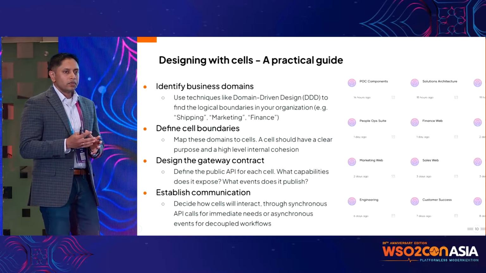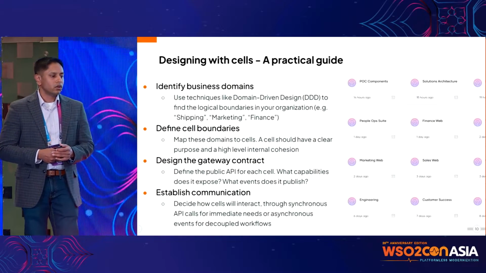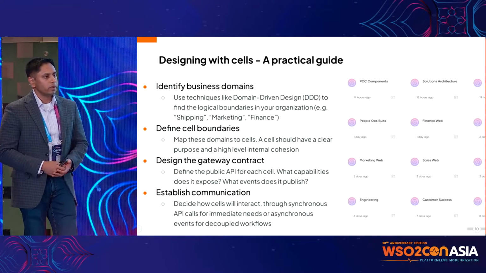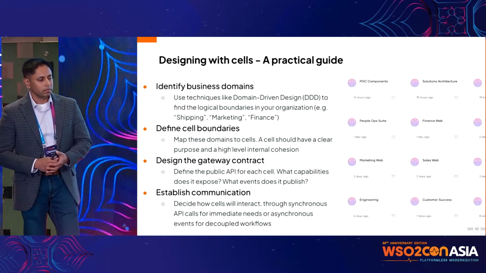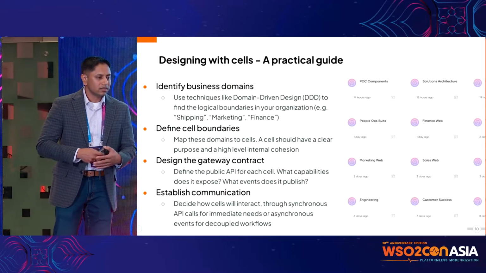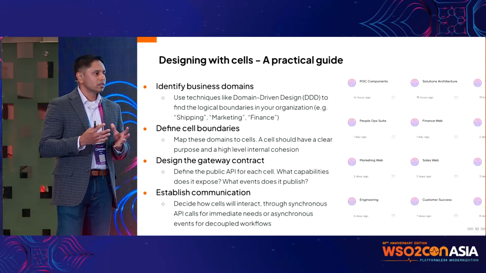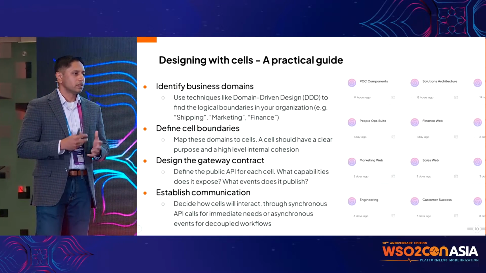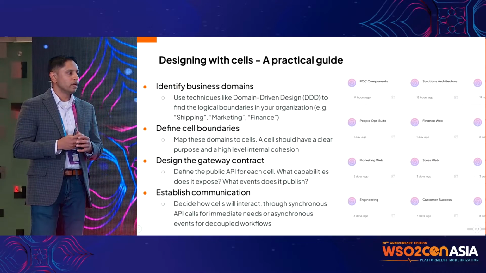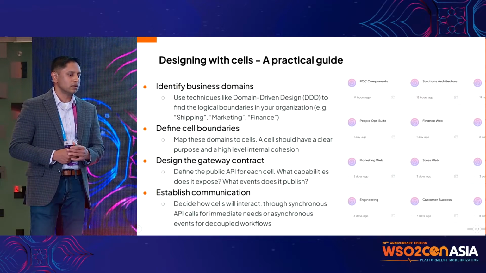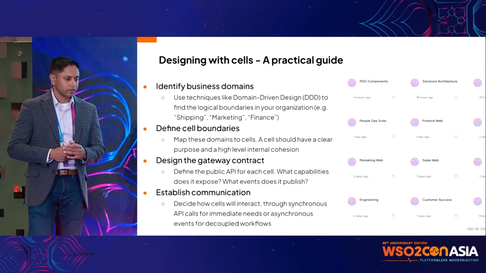And then once you identify your cells, you have to identify your domains. You have to map the domains into cell boundaries. This is where you define what is best for you based on the interaction patterns with the cells.